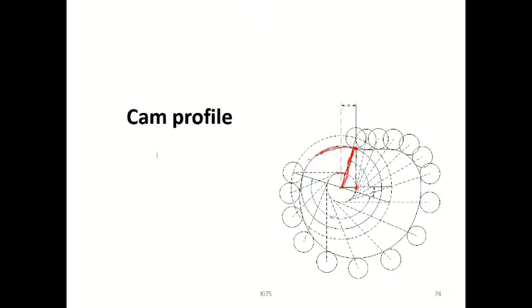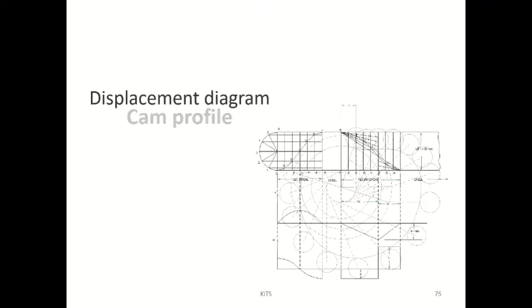First, you have to divide this circle into 12 degree parts. Mark 12 degree on this circle. Then there is a dwelling period. For how much degree is the dwelling period?